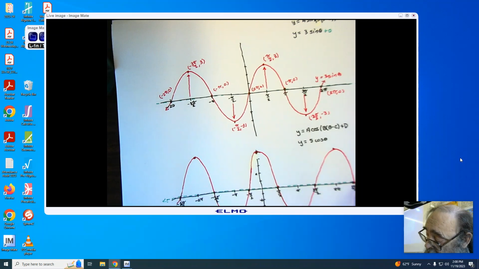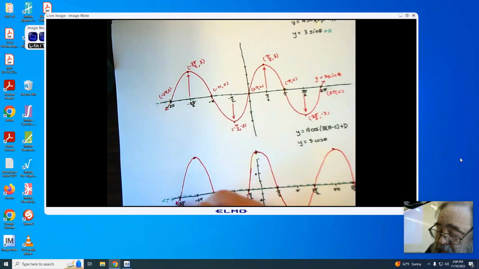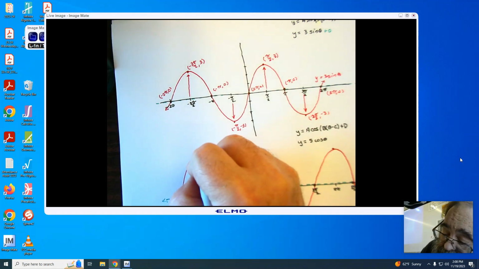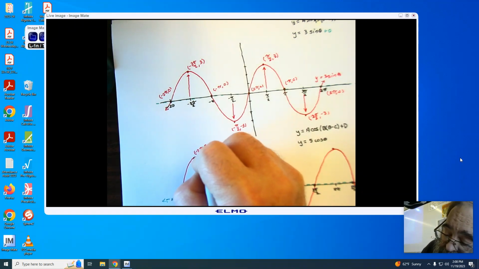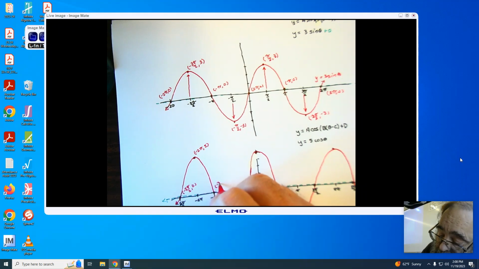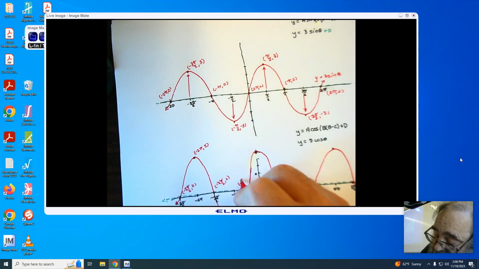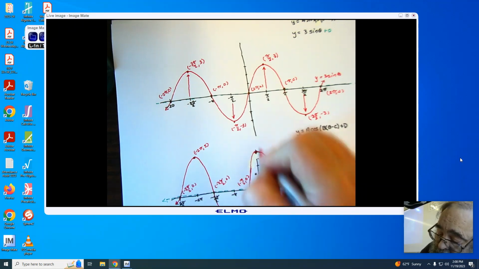Now we're looking at more than 2 periods here. Let's see, we're now going to have to plot our points. So the points that we have are negative 5 pi over 2 comma 0, negative 2 pi comma 5, negative 3 pi over 2 comma 0, negative pi comma negative 5, negative pi over 2 comma 0.